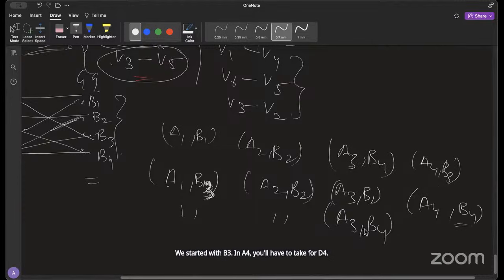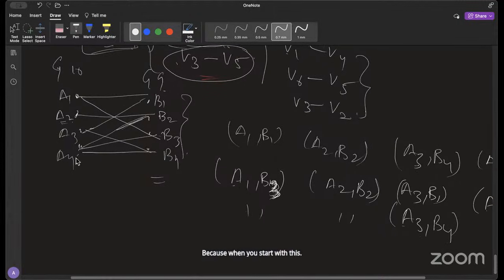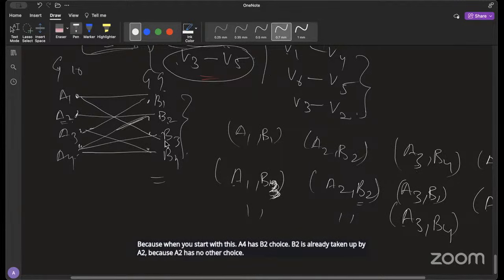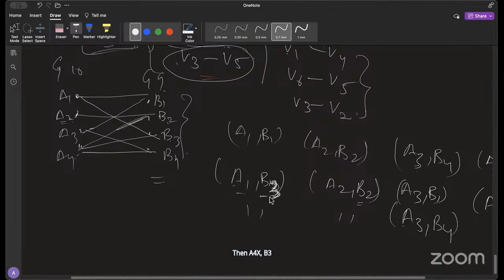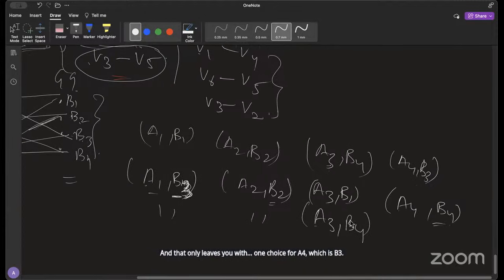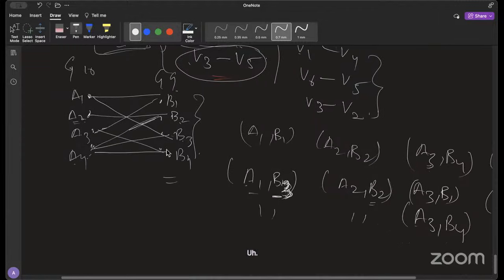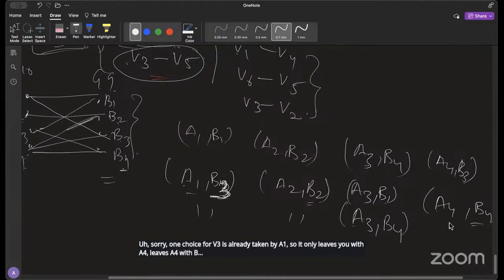B4 is the only one left. That means you can't have A3, B4. Because when you start with this, A4 has the B2 choice, but B2 is already taken up by A2 because A2 has no other choice. Then A4 has the B3 choice, but you started with A1, B3, so you can't take that either. And that only leaves A4 with B4.